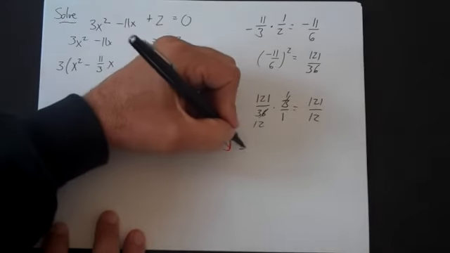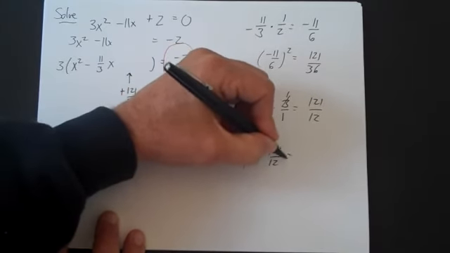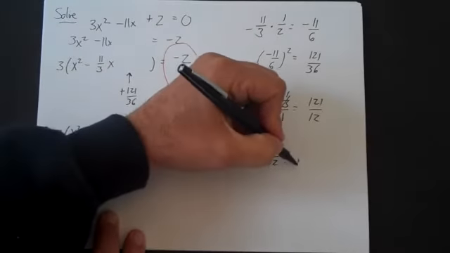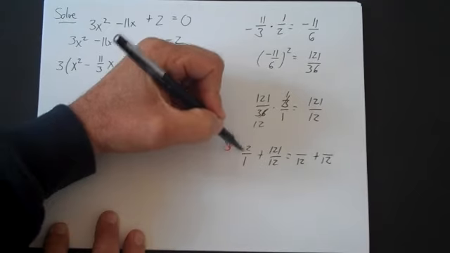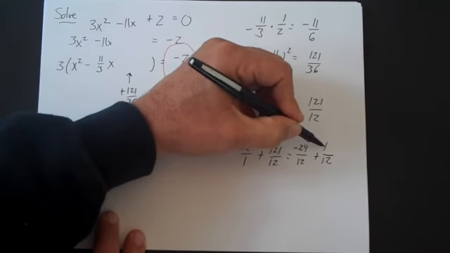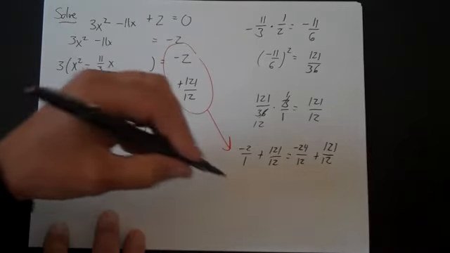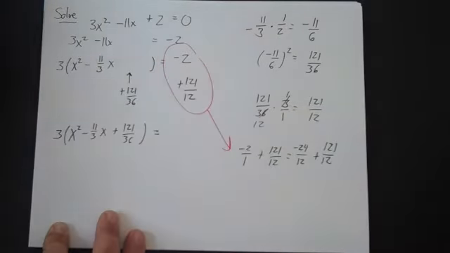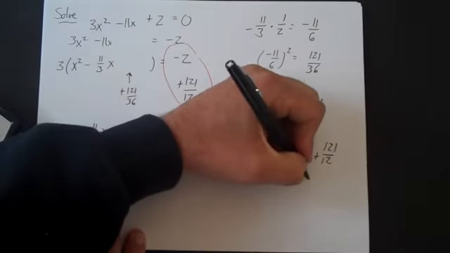So that's minus 2 over 1 plus 121 over 12. The common denominator is 12. That's going to be minus 24 plus 121. So that's going to be 97. Let's just make sure. It's important enough sometimes to use a calculator. 121 minus 24 is 97 over 12.